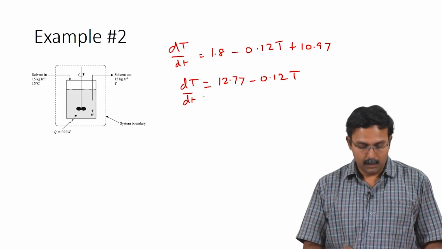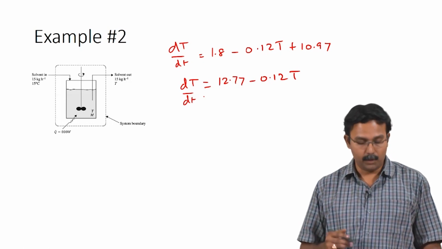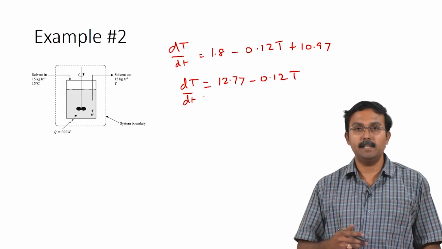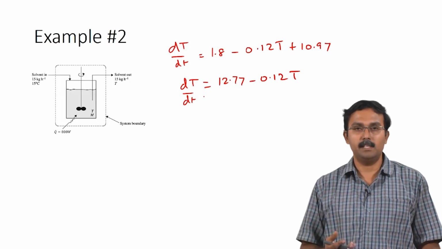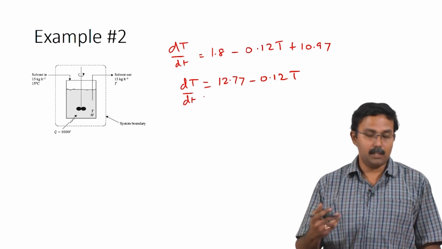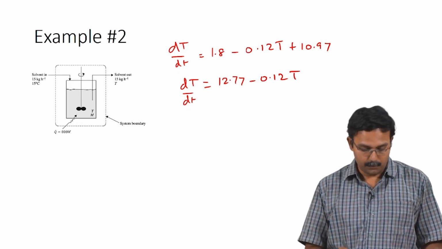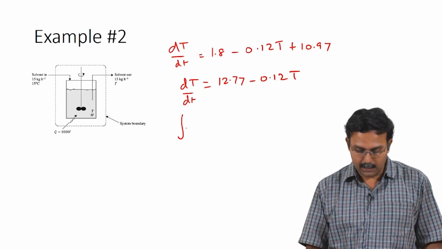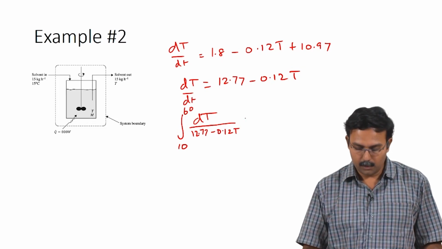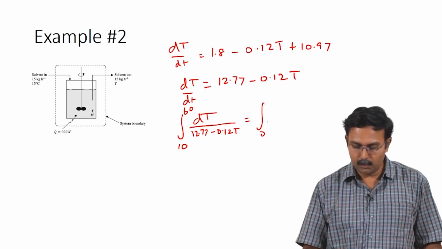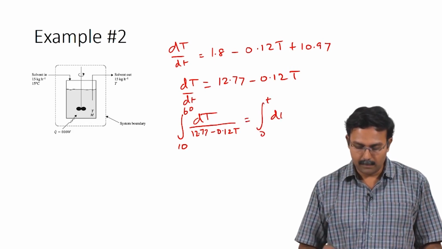Now we need to find the time taken for increasing the temperature from 10 degrees Celsius, which is the initial temperature of the system, all the way to 60 degrees Celsius. For that you would have to integrate this as dT over 12.77 minus 0.12 T from 10 degrees Celsius to 60 degrees Celsius, which would be equal to the integral from 0 to the time taken t of dt.